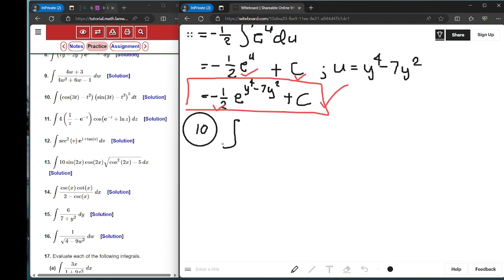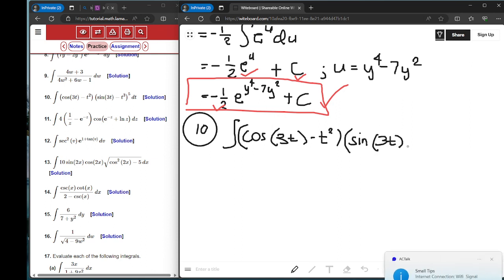So we have here the integral of the quantity of cosine 3t minus t squared times sine of 3t minus t cubed, and the quantity raised to the power 5 dt. I don't know what to do with this. We have here different exponents.